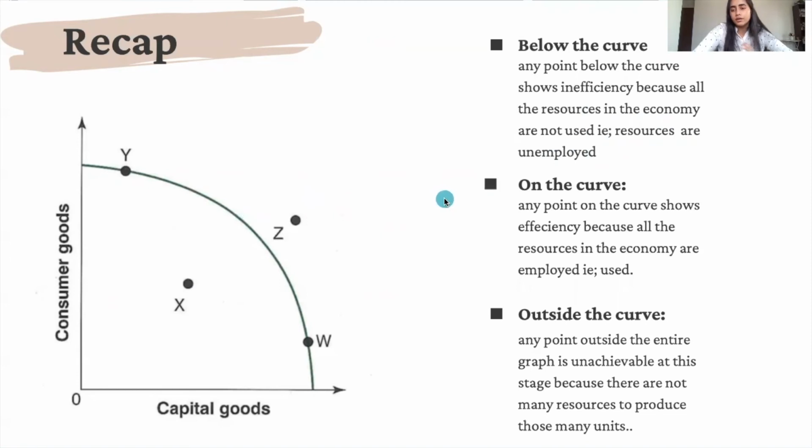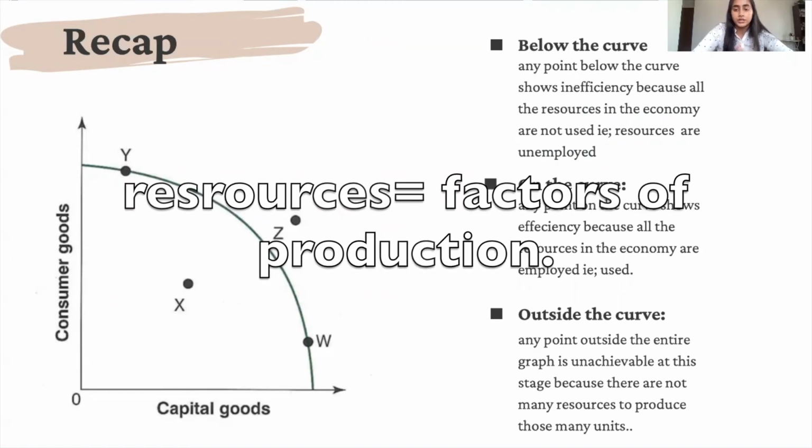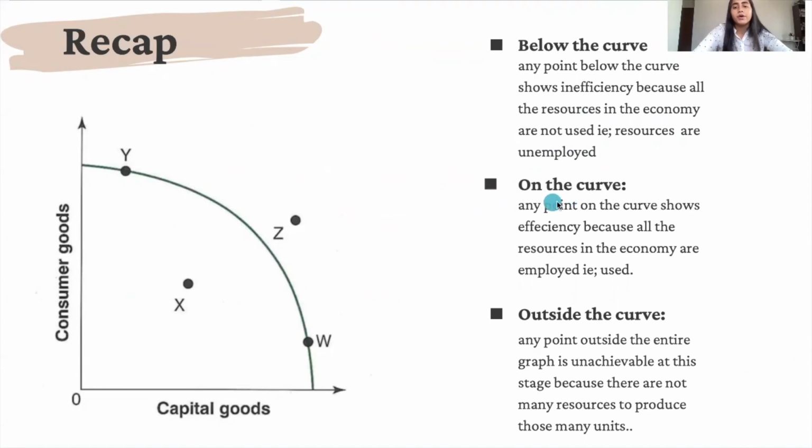And just to say, resources here are factors of production. And any point on the curve shows efficiency because all the resources in the economy are employed, and therefore it just shows that the economy is very efficient and is not wasting any of its resources.